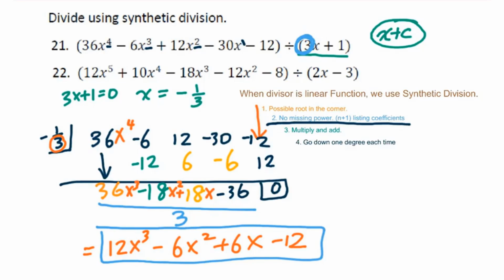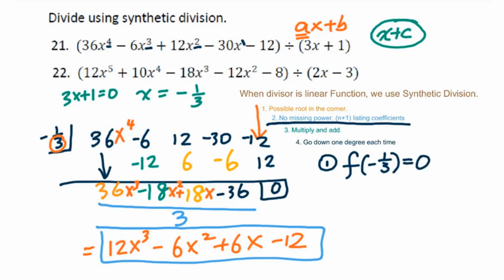Therefore, when the divisor is ax + b, after you finish, you have to divide it by this a. Then that will be the quotient. Still, we got to get three conclusions. First of all, f(-1/3) equals 0.